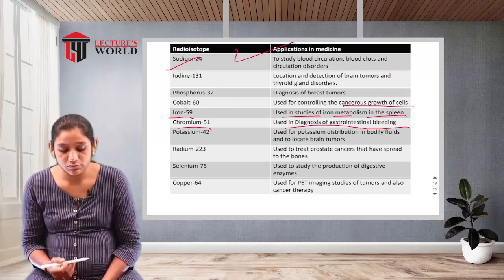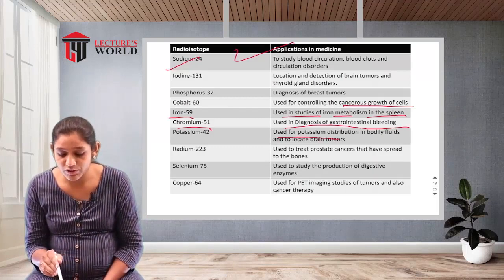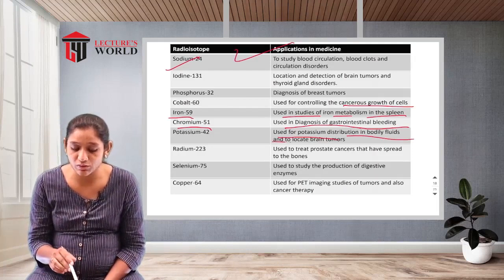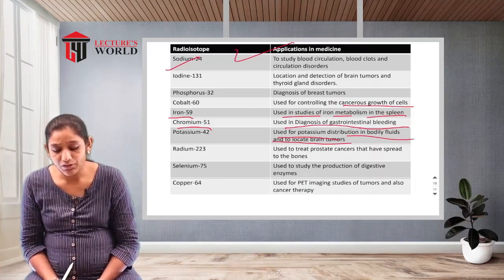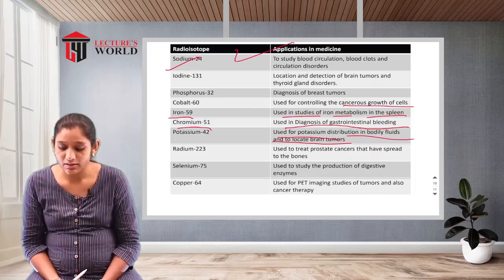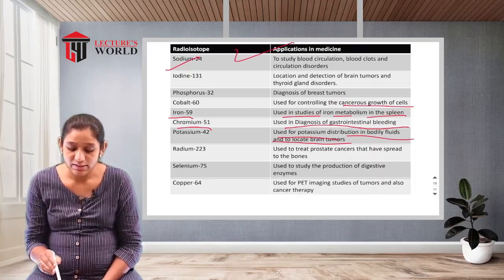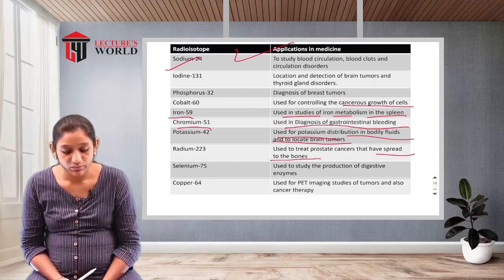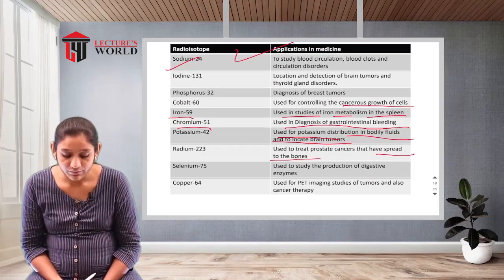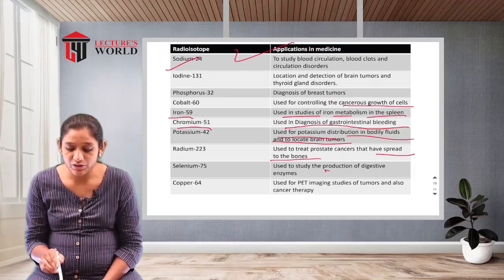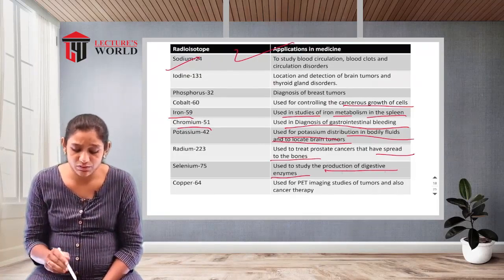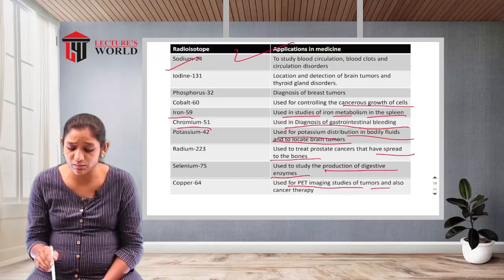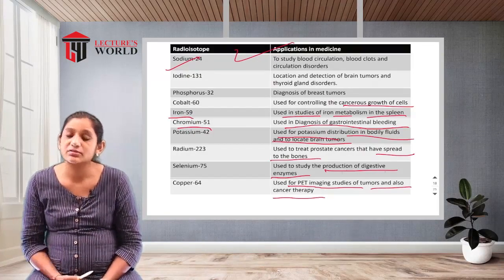Potassium 42 is used for potassium distribution in bodily fluids and to locate brain tumors. Radium 223 is used to treat prostate cancer that has spread to the bones. Selenium 75 is used to study the production of digestive enzymes. Copper 64 is used in PET imaging studies for tumors and also cancer therapy.